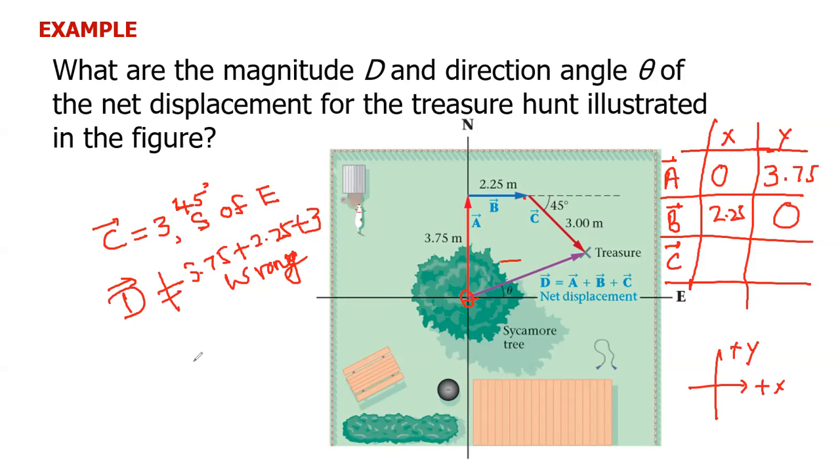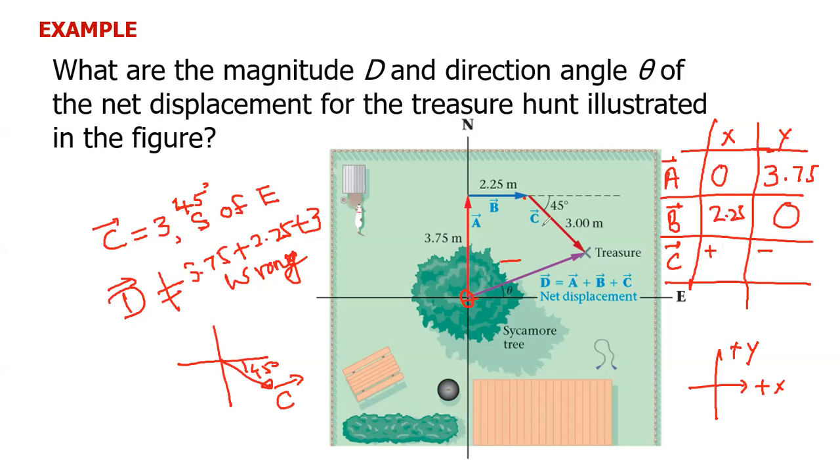See what happens. Now you have a vector something like this, right? A vector in this way. This is my vector. If I draw this one separately, this is 45 degrees. And for Cx, you move this one to here. Cx is positive, Cy is negative.